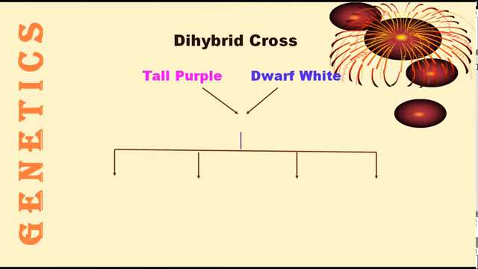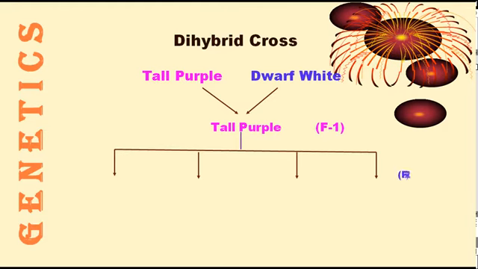Such a combination, such a set of characters, is called cis condition, because both dominants are together and both recessives are together. When the plants were crossed, in the first generation all plants were tall and purple. That is, the law of dominance was followed.